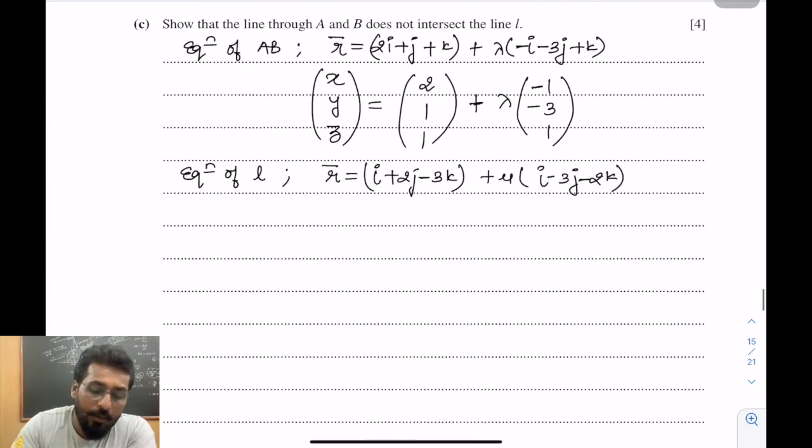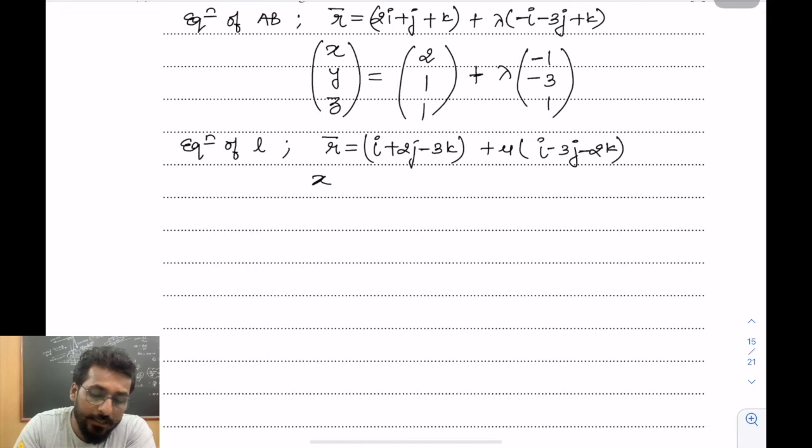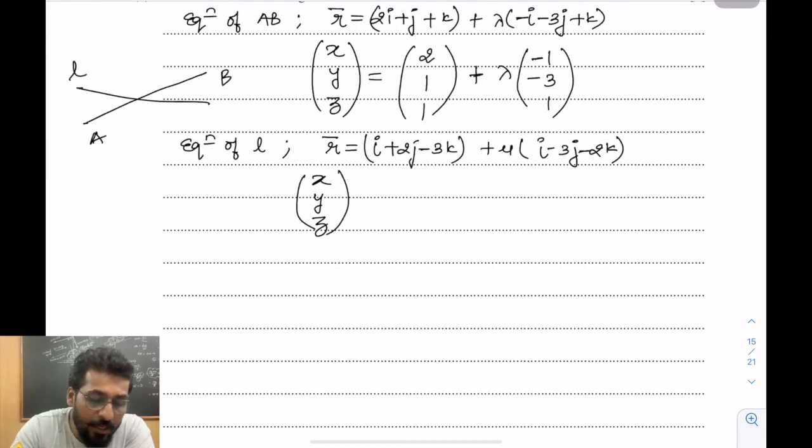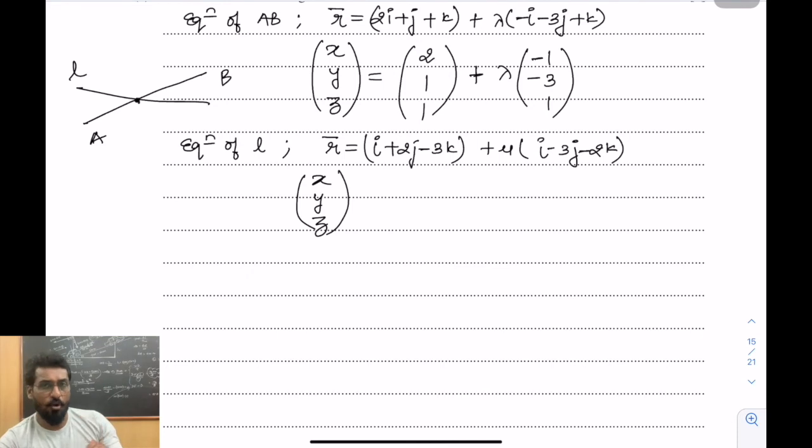So I know that R bar is again x, y and z because I'm assuming that the line AB and the line L are intersecting at a point. So this point will have, let's say, coordinates x, y, z. Since it lies on line AB, it should satisfy the equation of line AB.